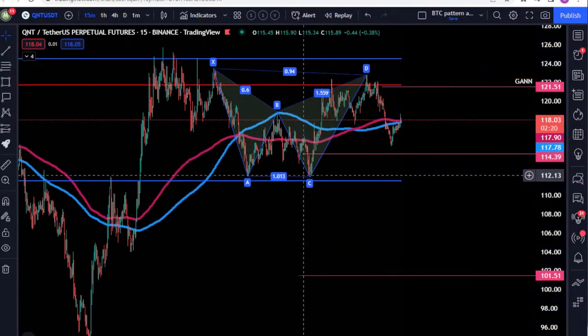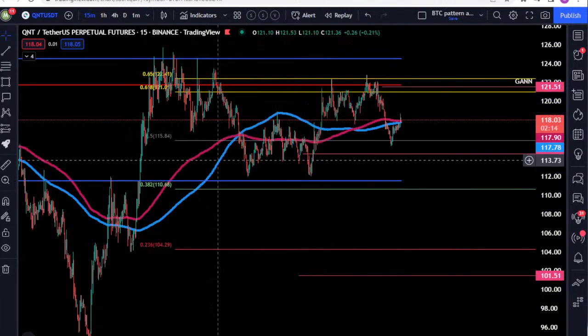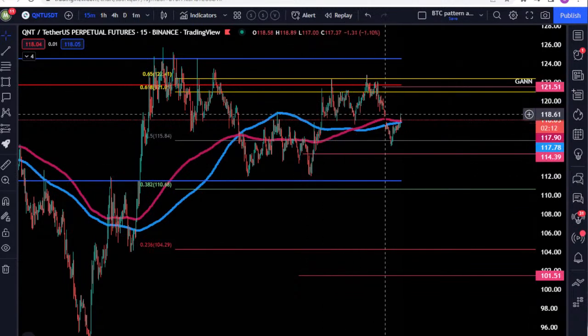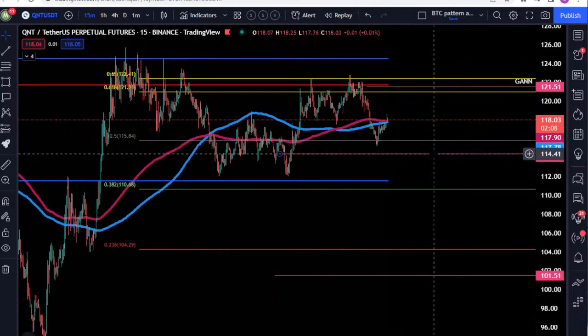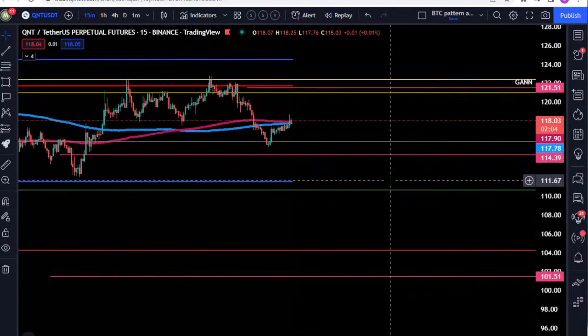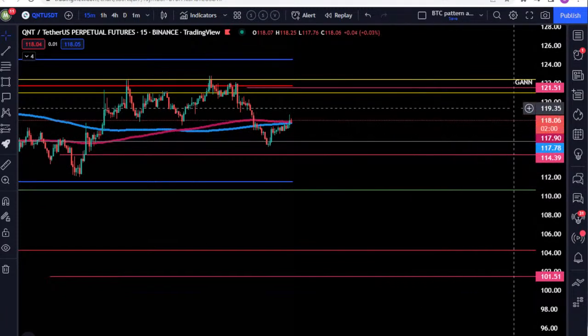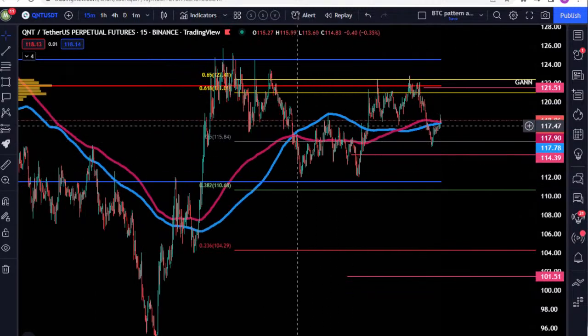And then you could have another Gartley playing out over here. I'm not very sure, but yeah, so M's, W's forming all around. So yeah, the market is indecisive. That's when you see contraction in the market.